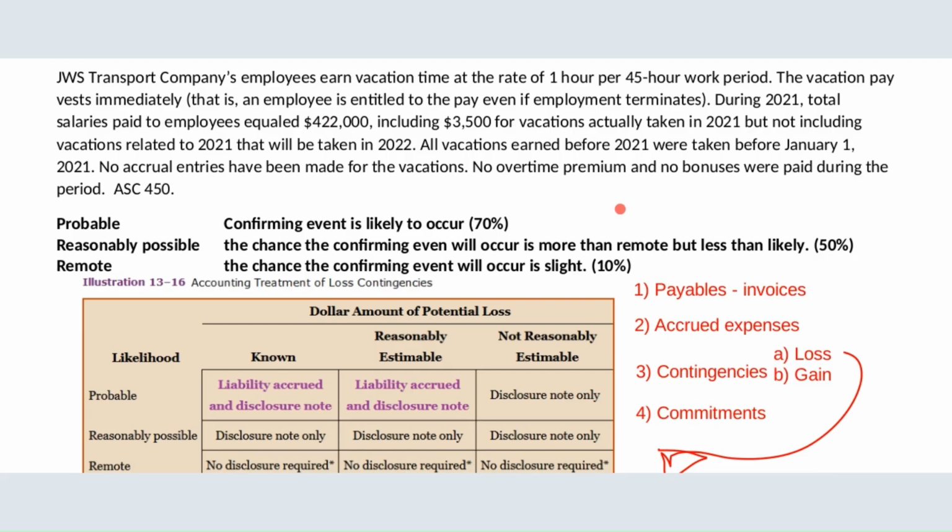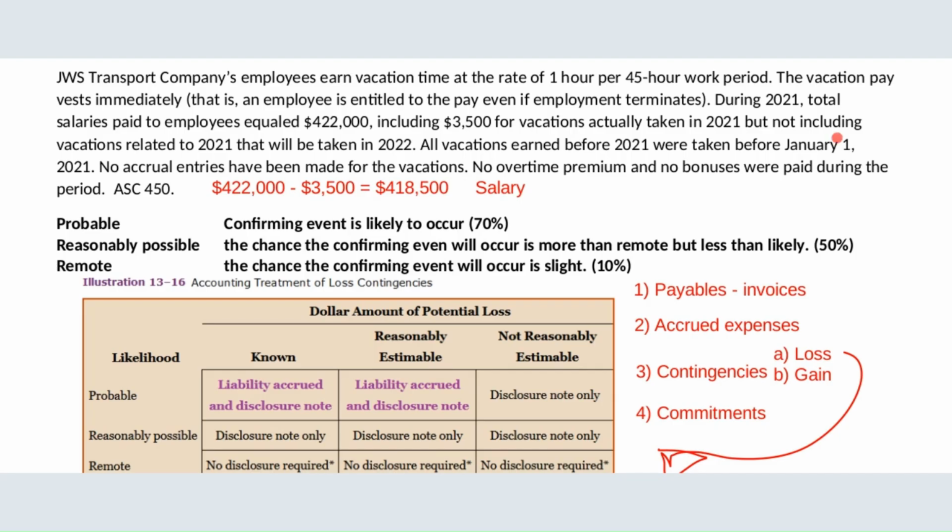So 422,000 less the vacation. Our straight salary is going to be 418,500. So this will be strictly our salary, not including the vacation.